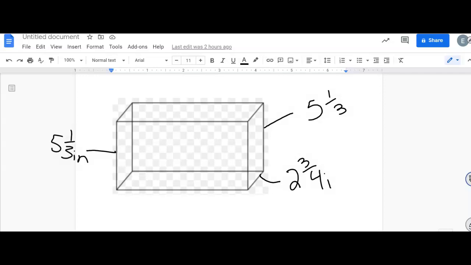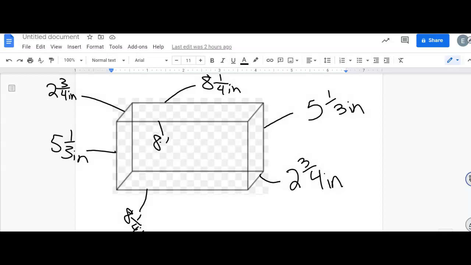These are going to be all in inches. That is a 4.